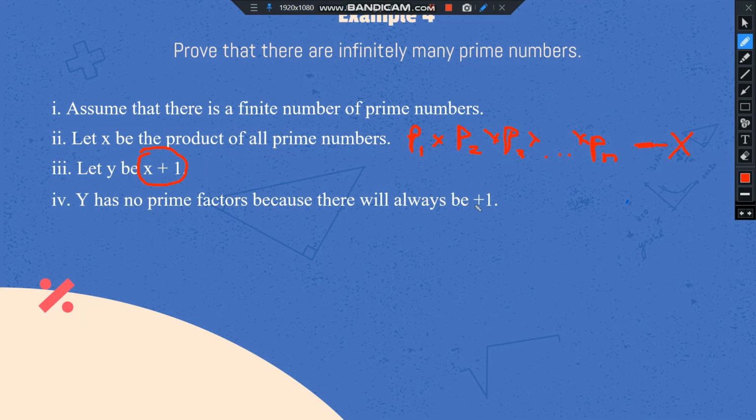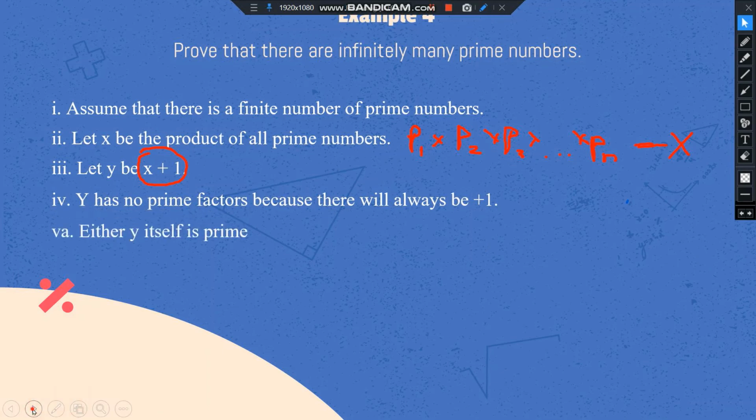So y has no prime factors because there will always be plus 1. So whichever number this is, we need to add plus 1 to it. And so it can never in fact be divisible by the listed primes.